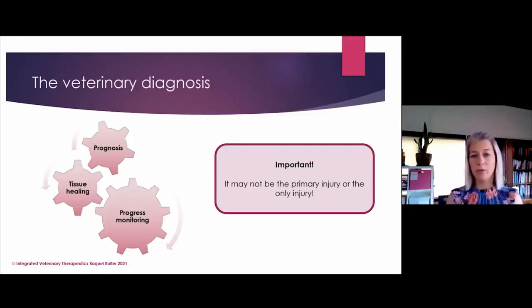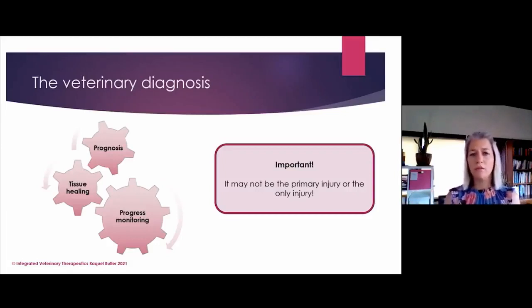So it's going to help you also to monitor progress, because if you have that original diagnosis and perhaps they were 4 out of 5 lame, they showed abnormalities on ultrasound and x-ray, or other diagnostic tests, then you have that to look back on and go, well, now our ultrasound's a lot better, as well as a lot of other aspects that we'll talk about that you can monitor too.